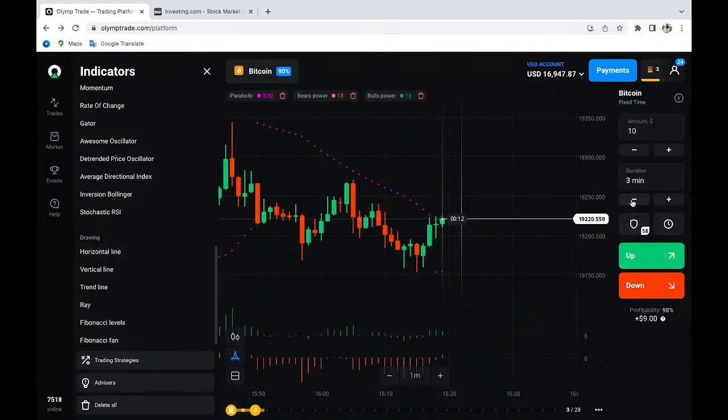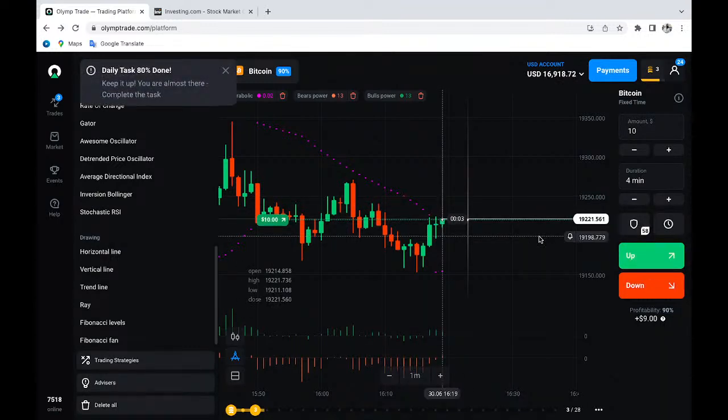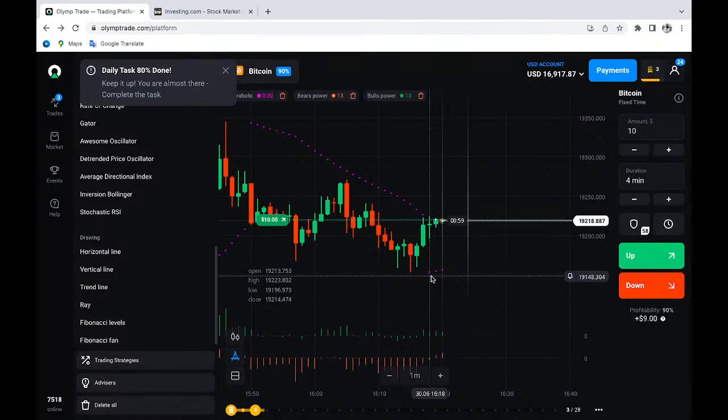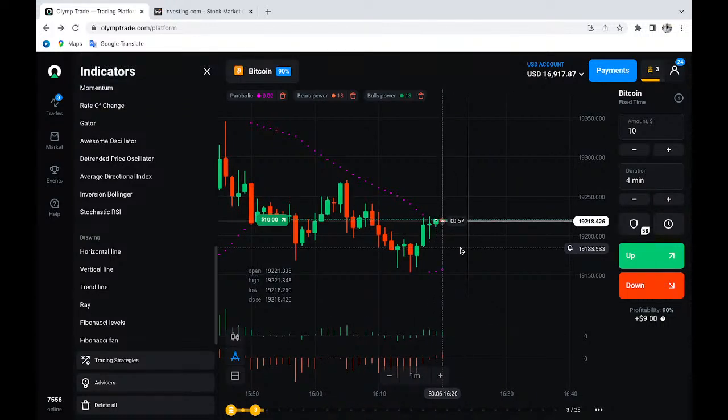Here we got one more position, as you can see. We would like to open a trade for 2 minutes and one for 4 minutes. Let's see how it will go. Why open this trade? As I explained before, Parabolic is going from bottom to top, which means it's giving us an upside signal. Whenever Parabolic is giving us an up signal, we have to confirm with the Bear Power and Bull Power as well.